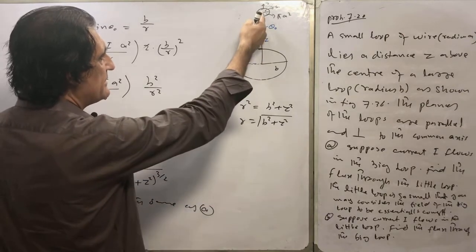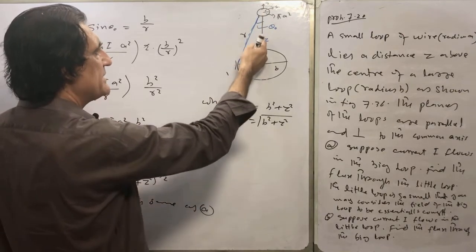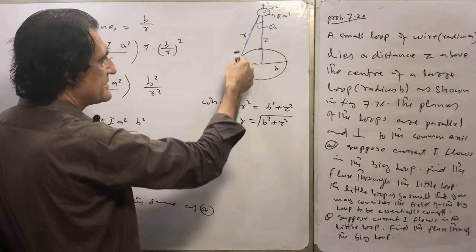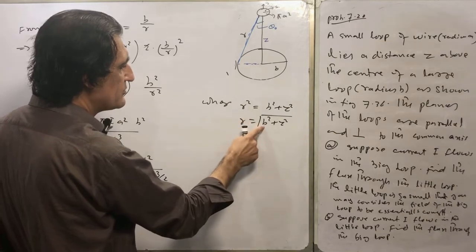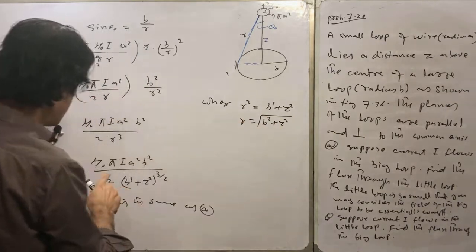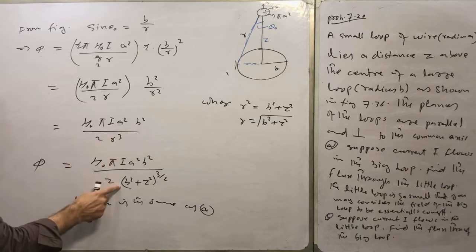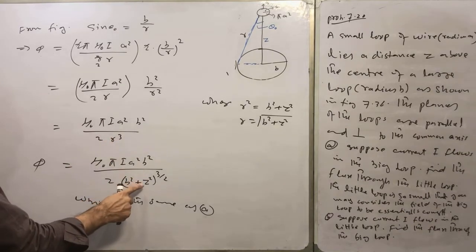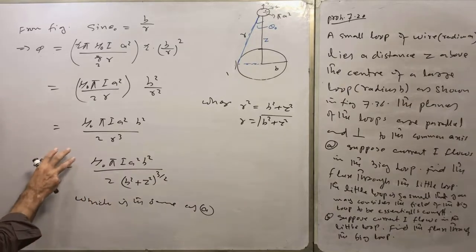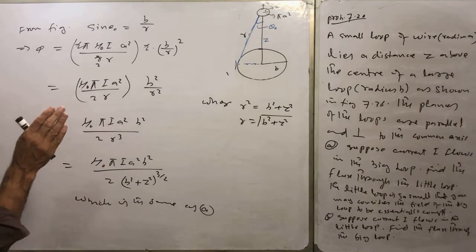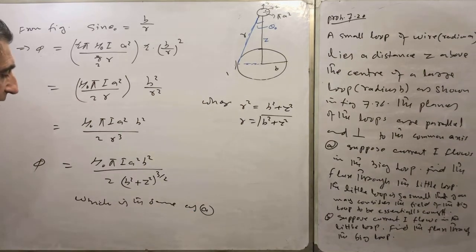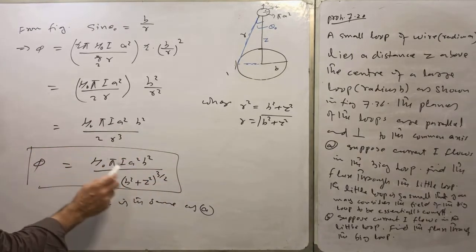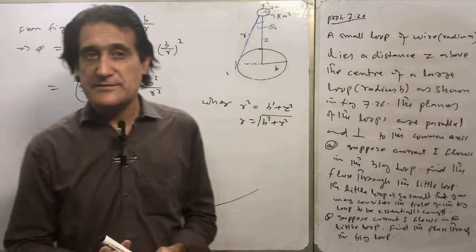From this triangle, R is this, this is b, and this is z. Then from this triangle, R square is equal to b square plus z square, and R is equal to the square root of b square plus z square. If we put the value of R, then this cube must be equal to the power 3 divided by 2. This result and the first result that we calculated for section A remain the same.